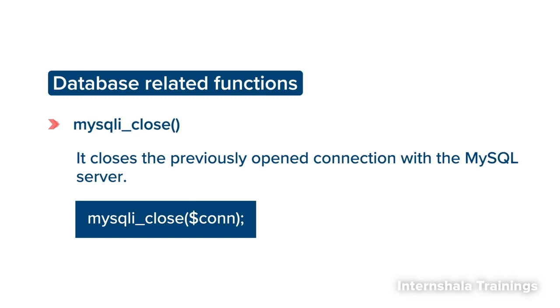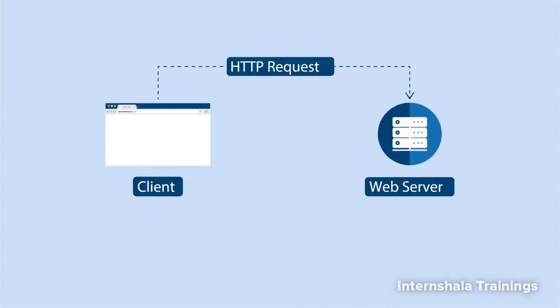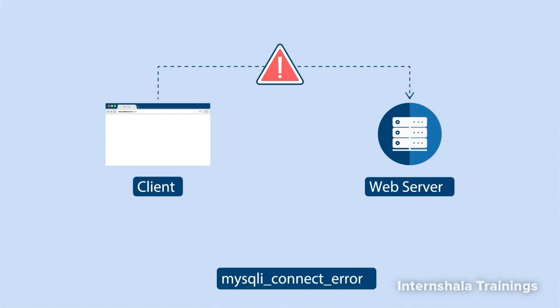Before we proceed further, let us quickly summarize the functions which we have learned so far using the client-server communication diagram. The first step is to establish the connection with the MySQL server, for which we will use the MySQLi connect function. In case the connection does not get established, we use the MySQLi connect error function to identify the issue.